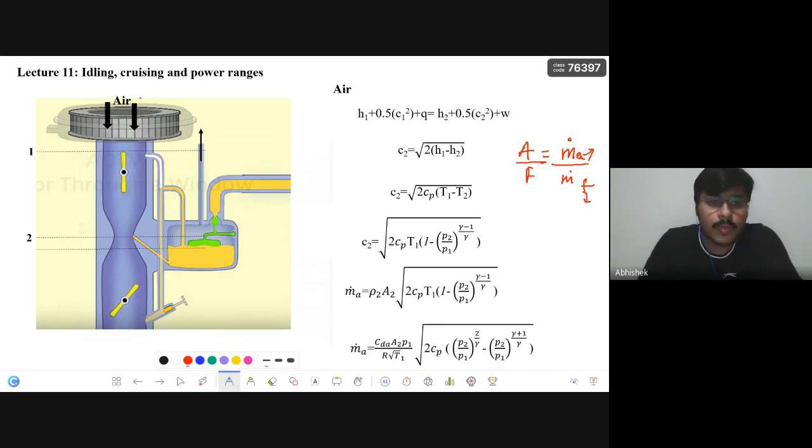So we apply here the first law of thermodynamics in an open system, or we generally call it the steady state equation.